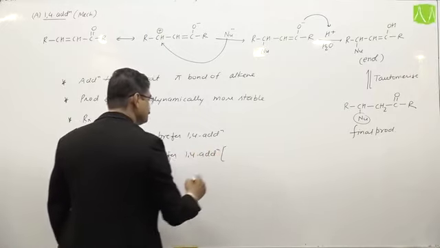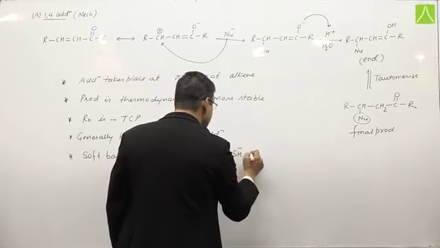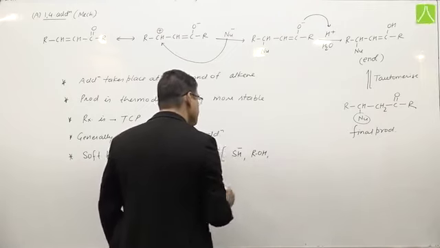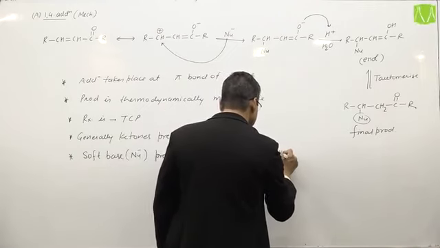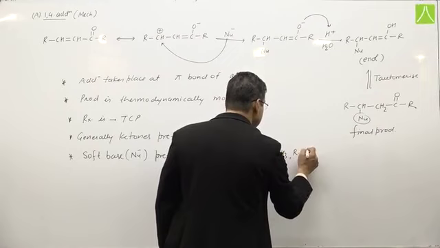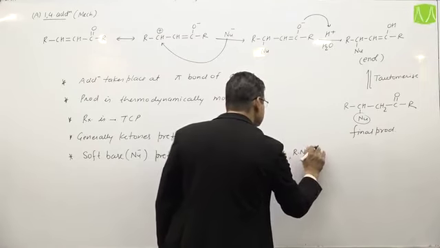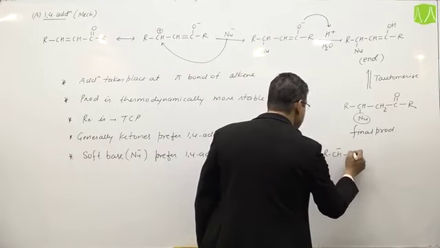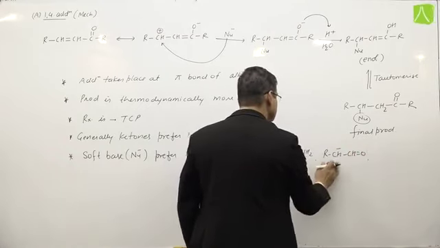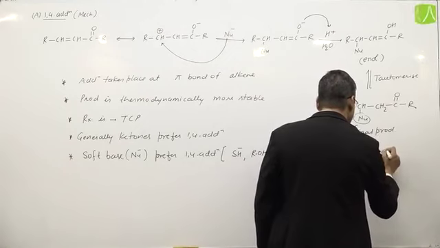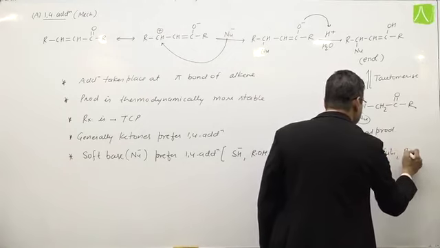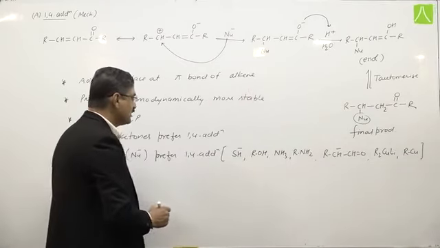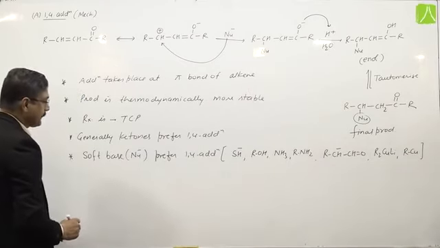For example, SH minus, ROH, NH3, RNH2, RCH minus CHO, R2CuLi, RCu. These kinds of nucleophiles prefer 1,4 addition generally.